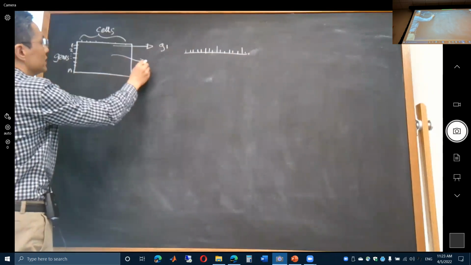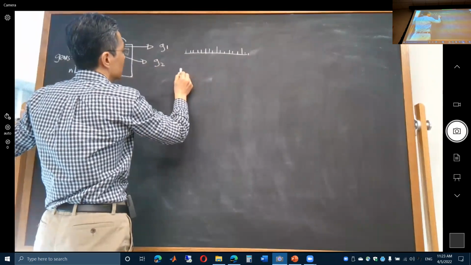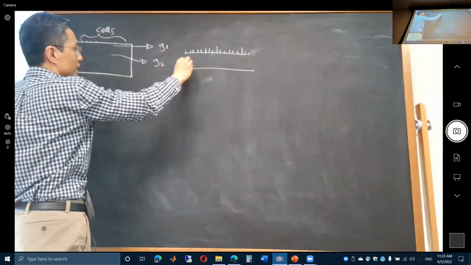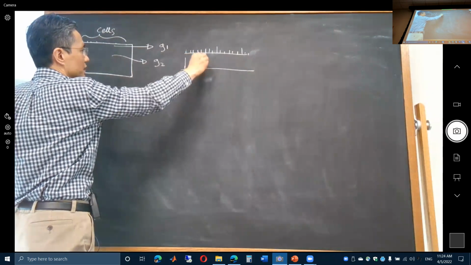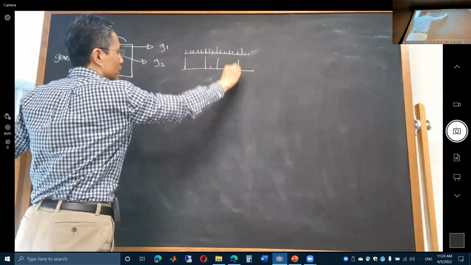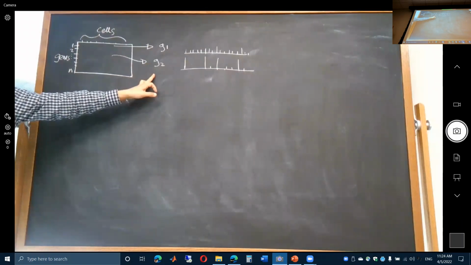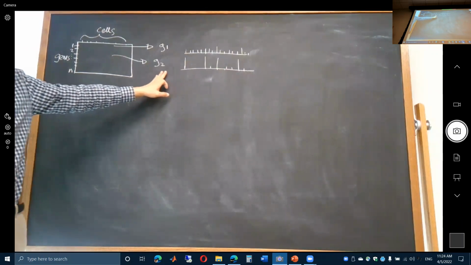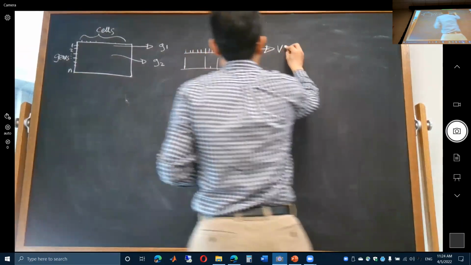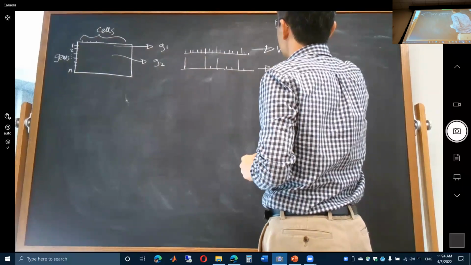Another gene may have a different picture. It may be higher somewhere, lower somewhere. You will get some picture like this. In that case, we can compute the variance for this, and the variance for this.